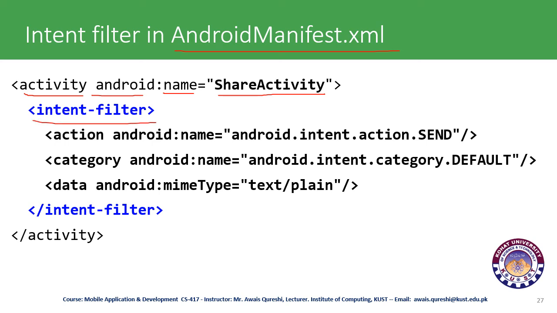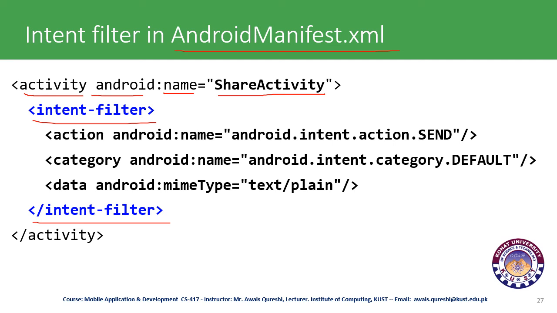Intent filter. This is a specific rule, or we can call it specific conditions. Action android:name android.intent.action.SEND. We are registering that the intent is going to send some type of data or some type of action from one activity to another activity.